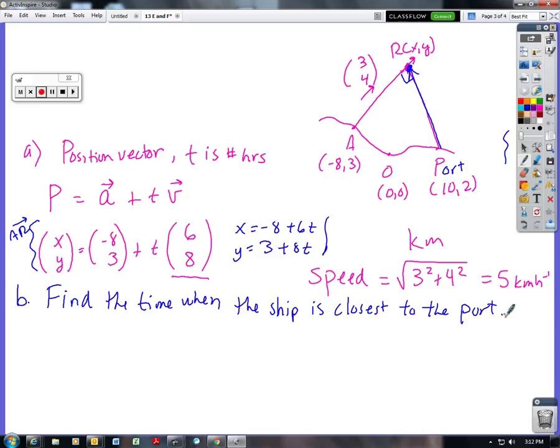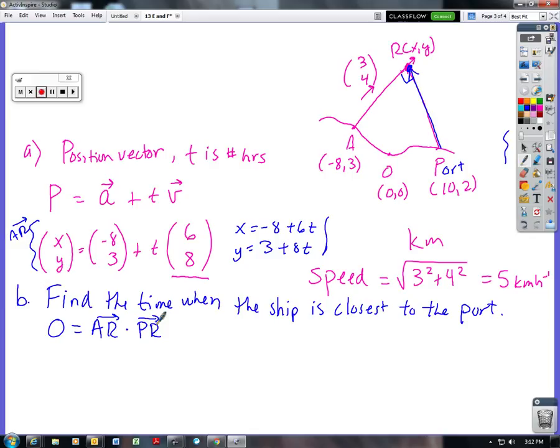Okay, well, that's going to happen where the vector from P to R is going to be perpendicular to the vector from A to R. And we know that that's going to happen when their dot product is 0. So we want the dot product of vector AR dotted with vector PR to be 0.